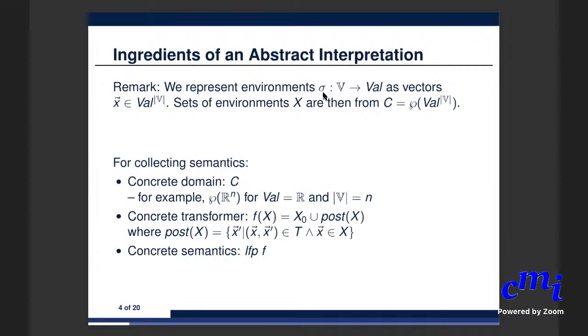The sigma here is probably not relevant when you compute the post images like this. Sigma is given here only to say what the values for individual variables are in any given state.